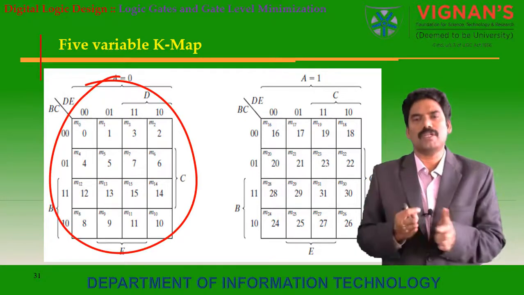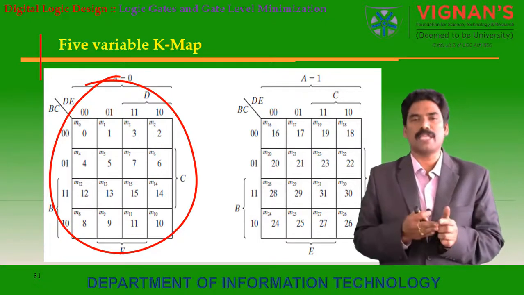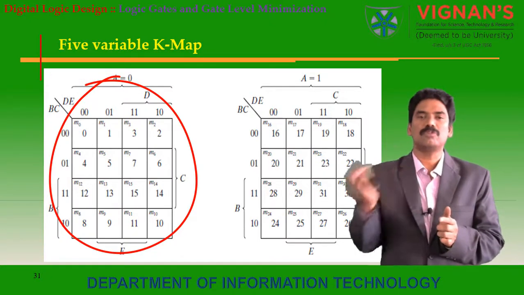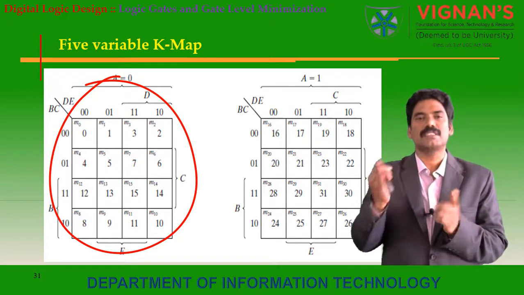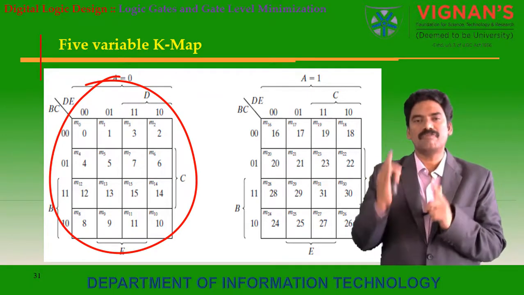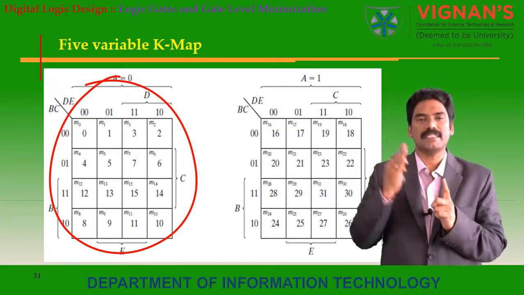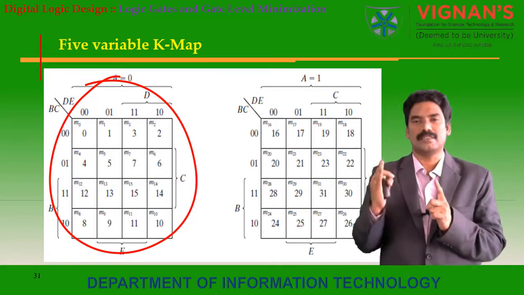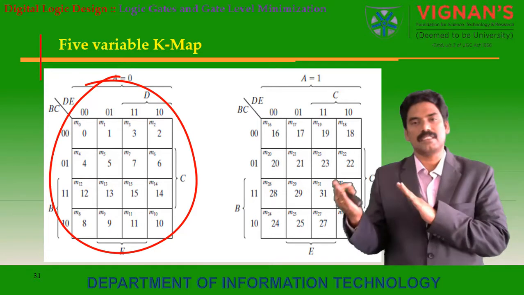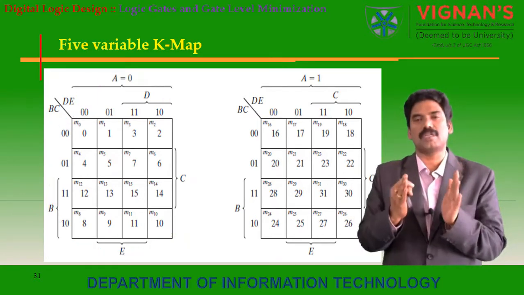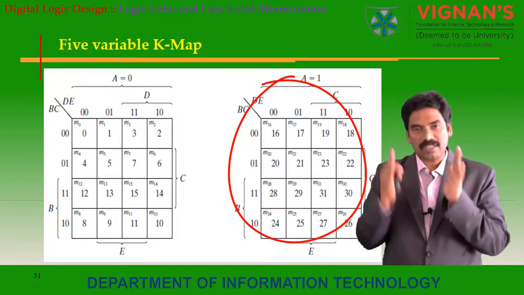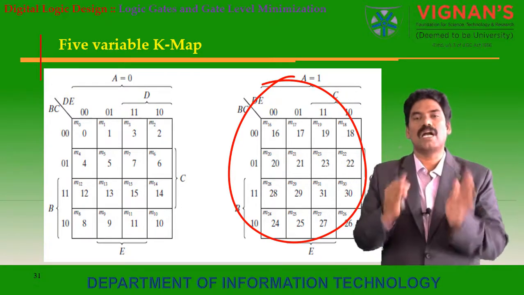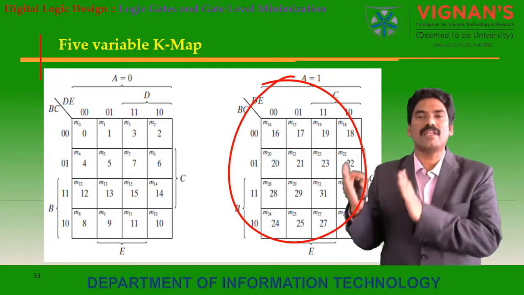The first one is like our 4 variable K map: M0, M1, M3, M2, M4, M5, M7, M6, M12, M13, M15, M14, M8, M9, M11 and M10. The first 16 is this one, and the second 16 is another one. In the first 16, the A value is 0 and in the second 16, the A value is 1.